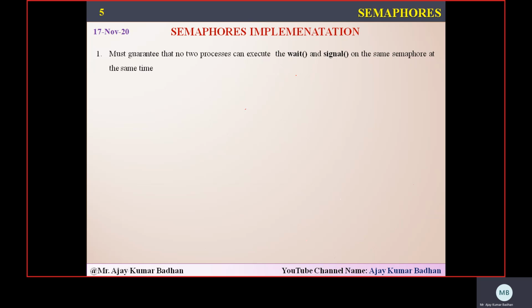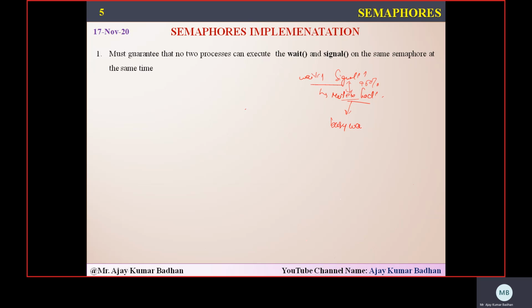Even though you are using these wait and signal operations, they are similar to the mutex lock concept we discussed in the previous session. It is almost 90 to 95% similar to the mutex lock. And we know that in mutex lock we have a problem. What is the problem we faced?